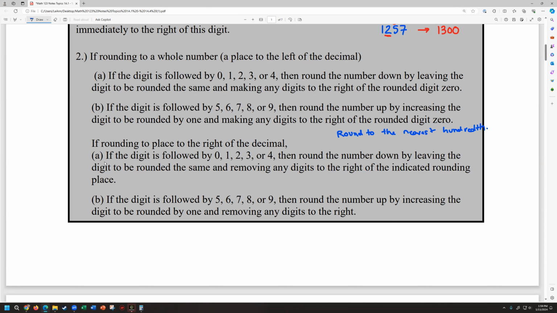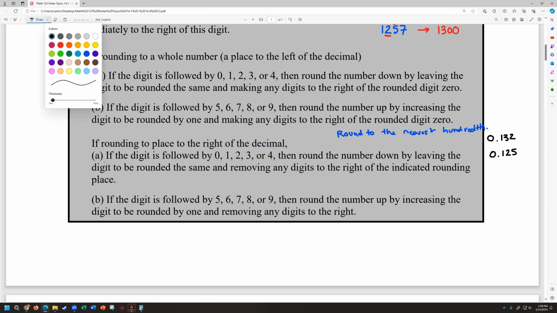Let's say my values are 0.125, and another one that I'm going to round to the nearest 100th, 0.132. Both are going to get rounded to the nearest 100th. When we find our 100th place value, remember there is no 1, so this is 10th, 100th, so it's that second place on both of those. If we look at the digit behind it, that'll determine whether or not they're going to change.